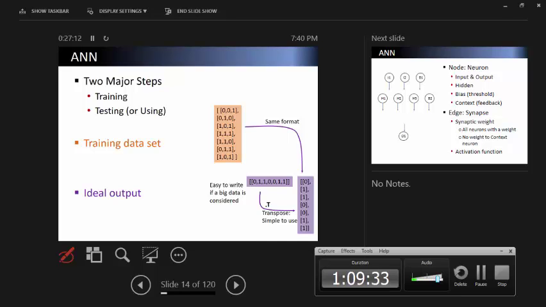For example, 0 and 0 with the exclusive OR operator, what is the result? It should be 0, right? But if we say 1 as a training set, then what happens? If we train this like a thousand times, it says, oh, it's not 1, it's close to 0. If it returns that, then that is the learning, right?